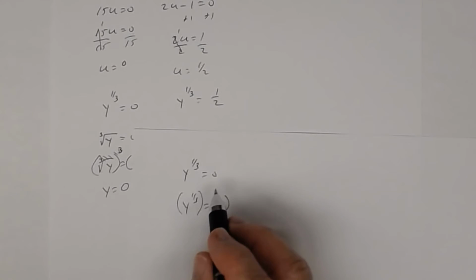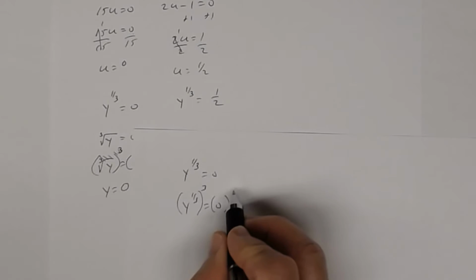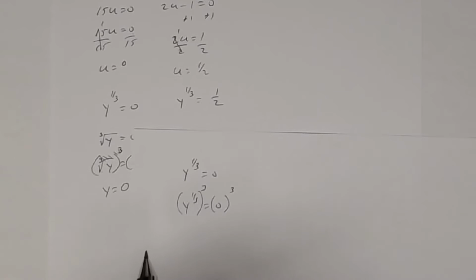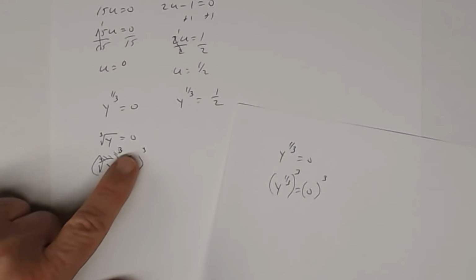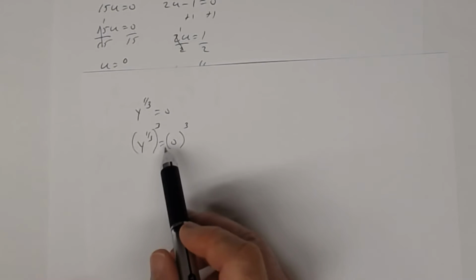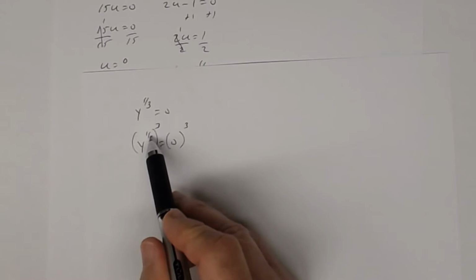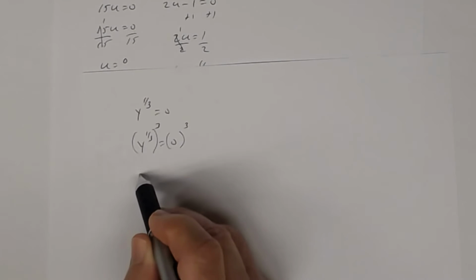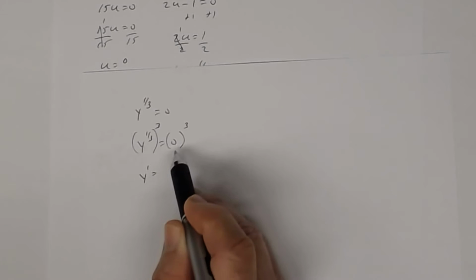The reciprocal of 1/3 is 3, right? So you're going to raise both sides to the third power, just like you did here. And then you're going to use the power of a power rule, so you can multiply exponents. So 1/3 times 3 is 1, so you get y to the first equals 0. And that's what we had here.